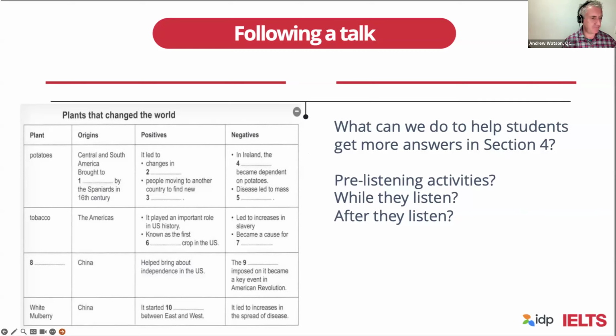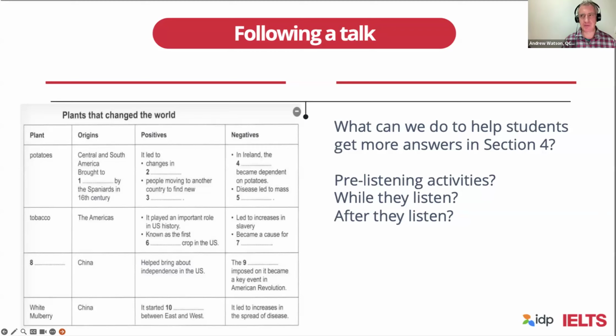The suggested tip is to do with what we call signposting words. Do you know what signposting words are? Yes, like first of all, it's important to.